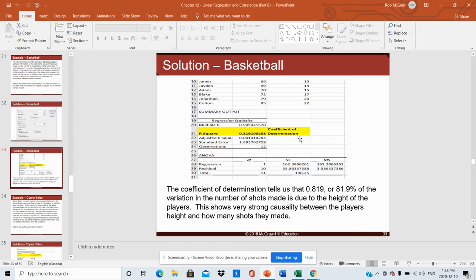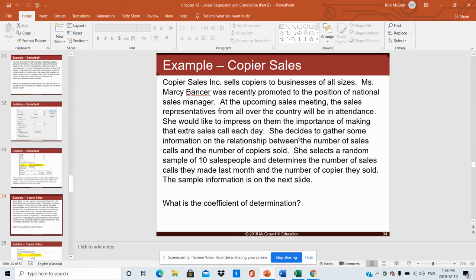Basically, the number of baskets made is 81.9% dependent on the height of the player. Now we're going to go to our copier example again. Once again, I recommend you pause the video, take a look at your table, see what the coefficient of determination is, and see if you can interpret it as well.